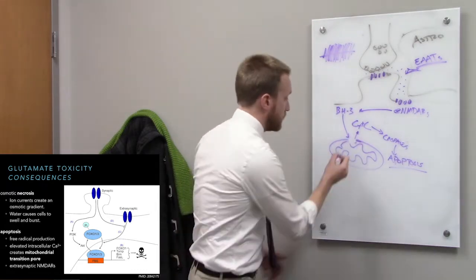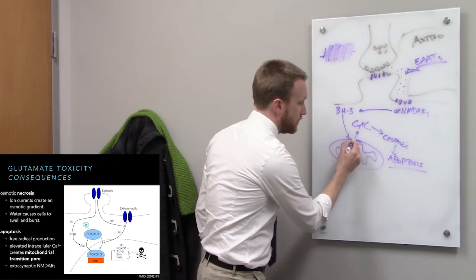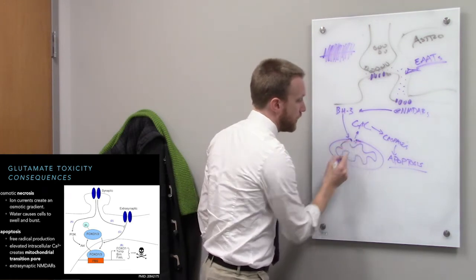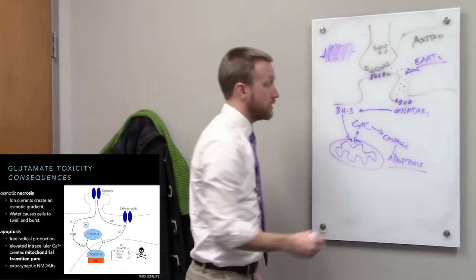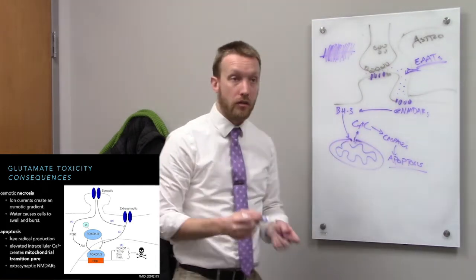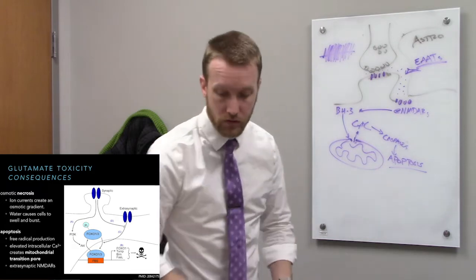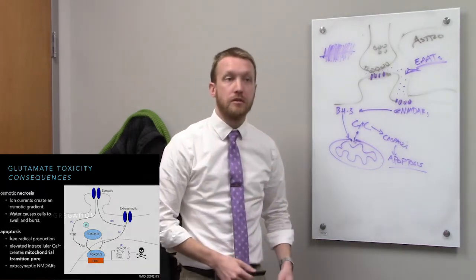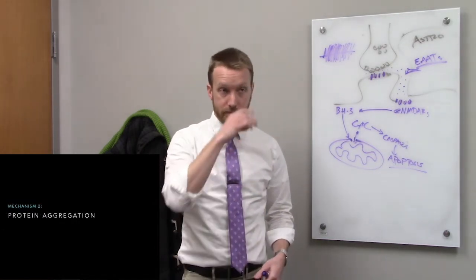So they're going to create little holes in the membrane there that are going to allow the leakage of those other pro-apoptotic factors, then triggering cell death. So there are many ways that glutamate can kill the cell.